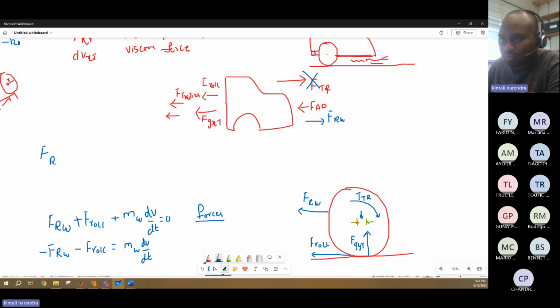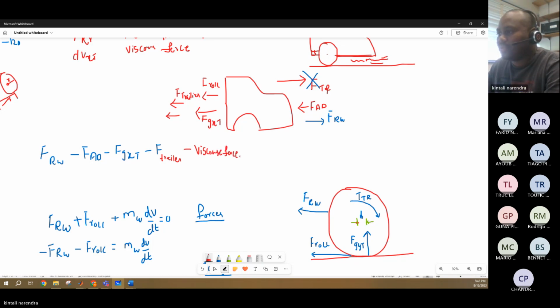So FRW minus FAD minus FGXT minus F trailer minus viscous force is equal to M into dV by dt, since your chassis is moving even though you're not pushing it.